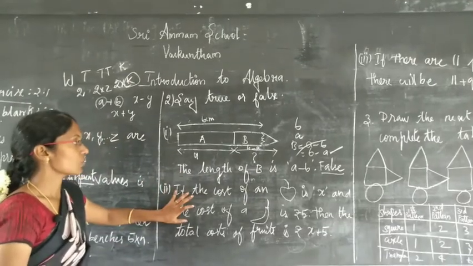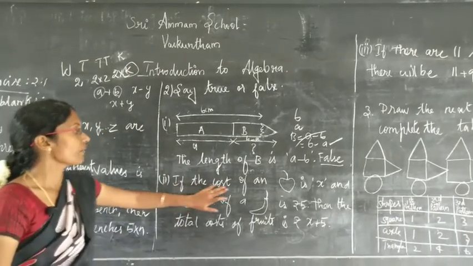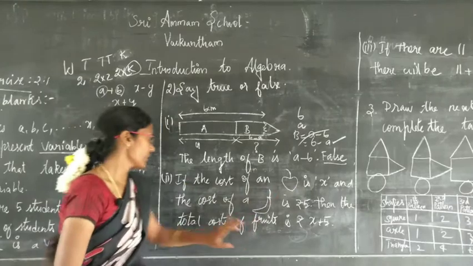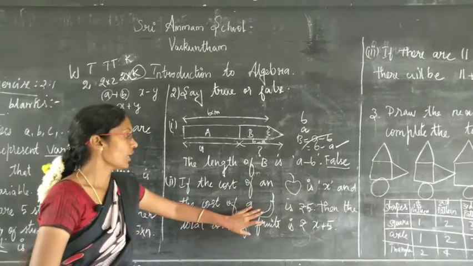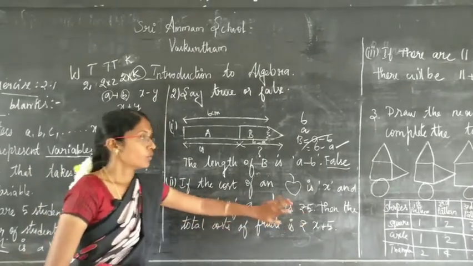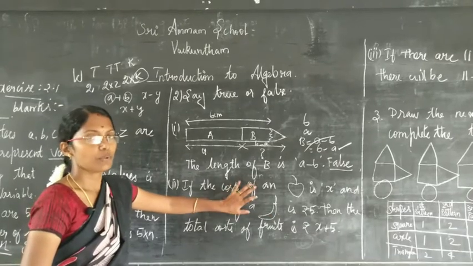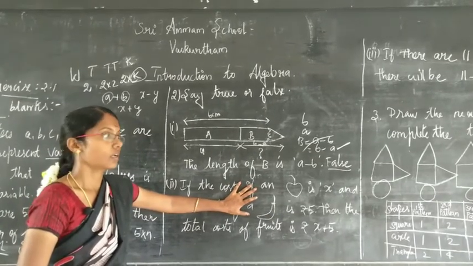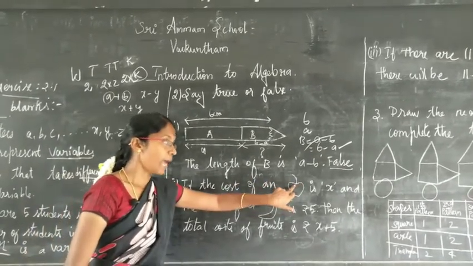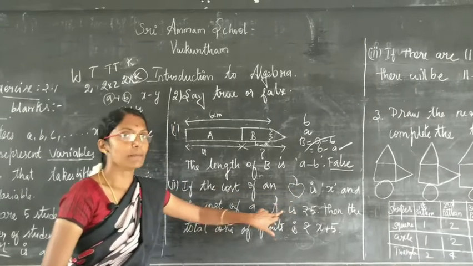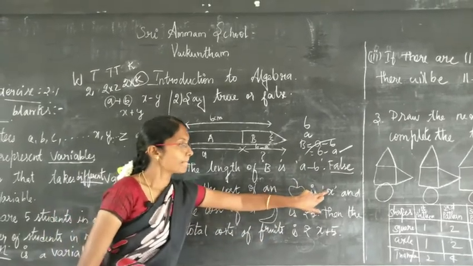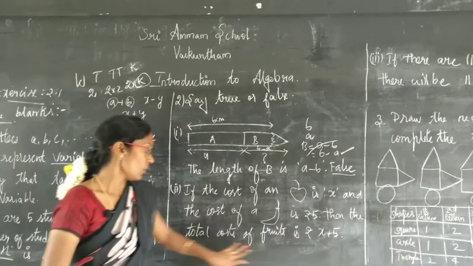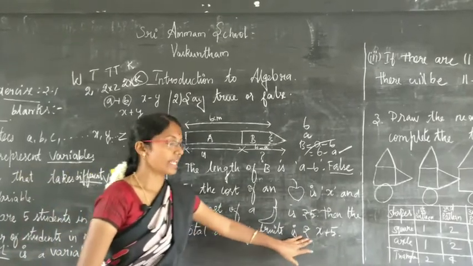Okay, so next one, if the cost of an apple is X and the cost of a banana is rupees 5, how can you find the total cost? Total cost of an apple plus cost of a banana. So X plus 5. So the total cost of the fruit is X plus 5.